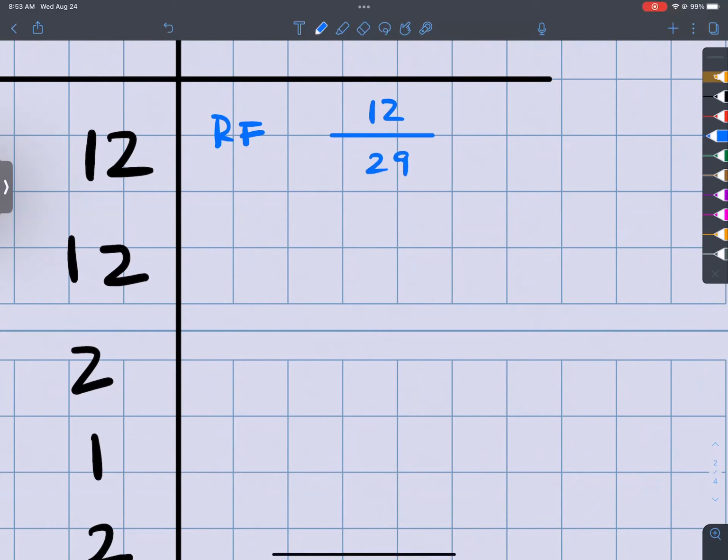Someone do the math. Give me a decimal. 0.41. Excellent. Which would mean about 41%.